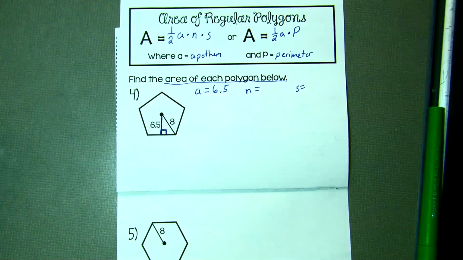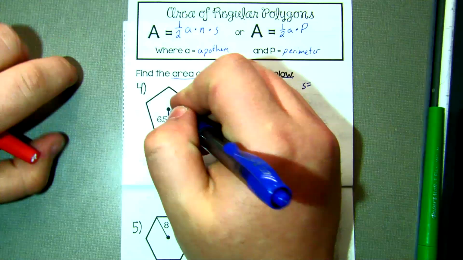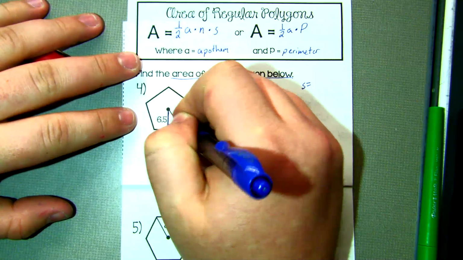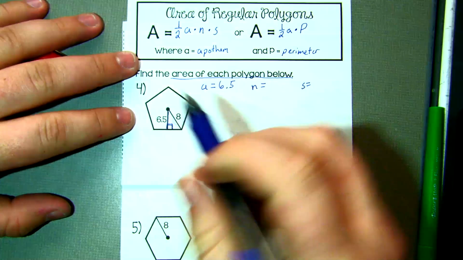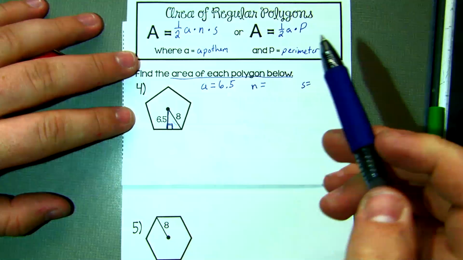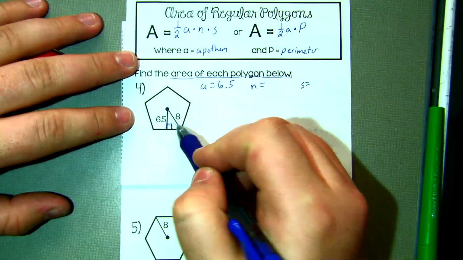S. What would S be? Interesting. So what we've got to remember, this 8 corresponds to this piece right here. 8 isn't a side length, but it's the radius of the polygon.